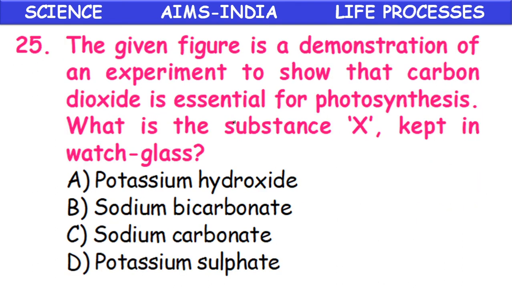The given figure, here the figure is missing. The given figure is a demonstration of an experiment to show that carbon dioxide is essential for photosynthesis. So what is the substance X kept in the watch glass? Here let us assume a potted plant is taken.